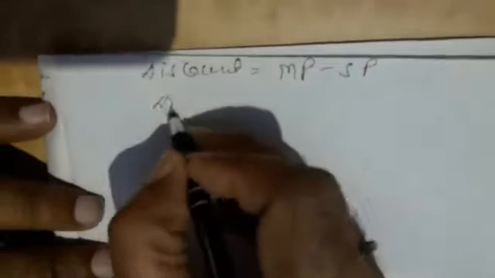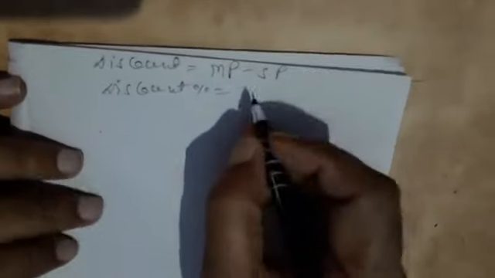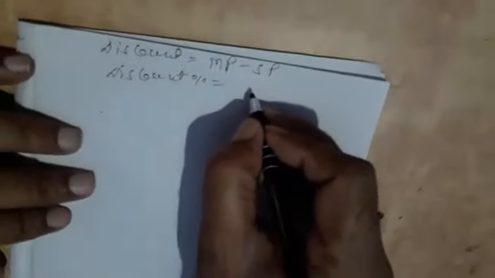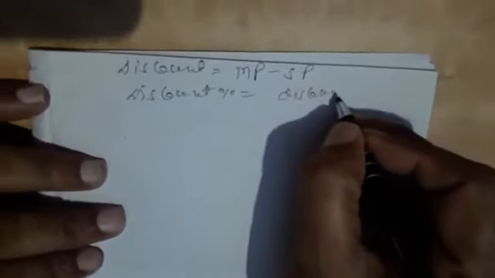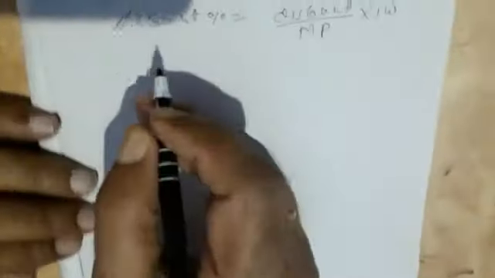Now, discount is equal to MP minus selling price, means mart price minus selling price is discount. Discount percent is equal to discount by MP into 100.